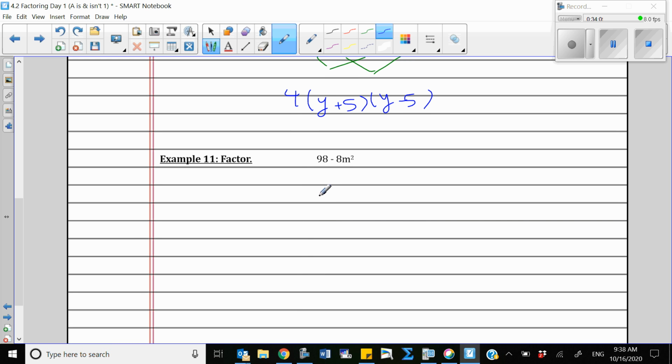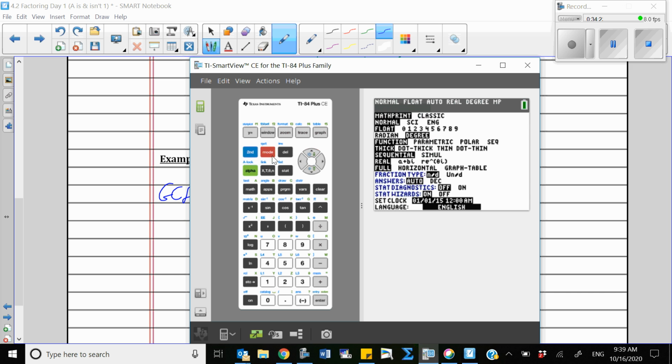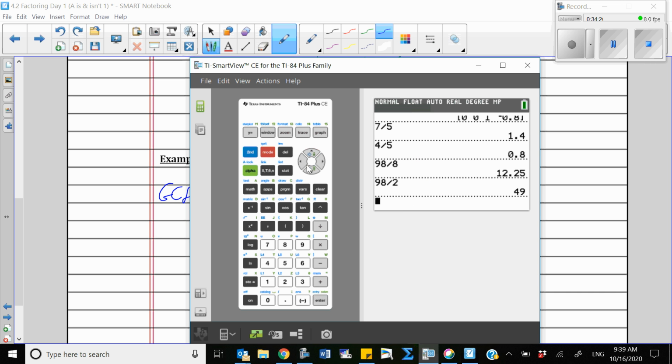Let's work on this one now. 98 minus 8m squared. We need to find the GCF. Is 98 divisible by 8? No, it's not divisible. If I divide 98 by 8, I will get 12.25.